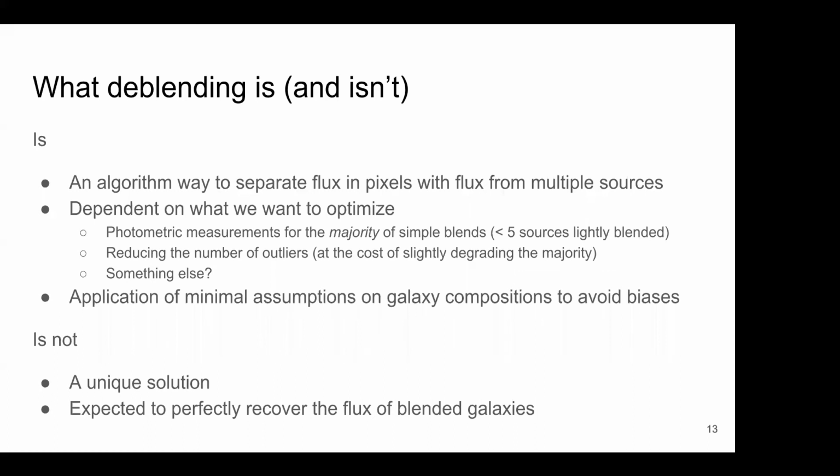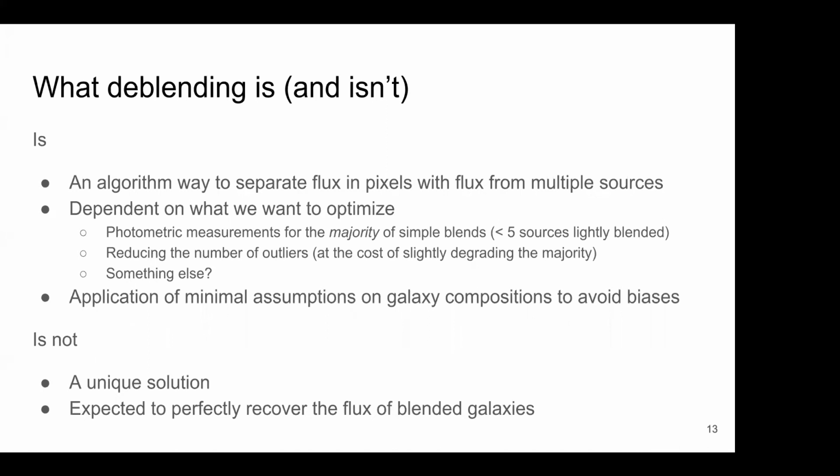Ideally, we'd like it to be an application of a minimal number of assumptions on galaxy compositions, because we don't want to bias our measurements on what we expect galaxies to look like any more than we have to. But deblending is not a unique solution, right? There are going to be degenerate solutions that can all give the same rough fit to the data.